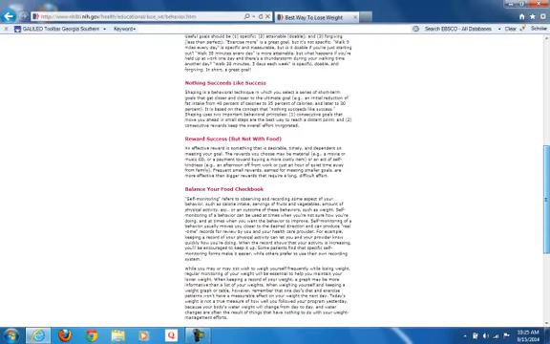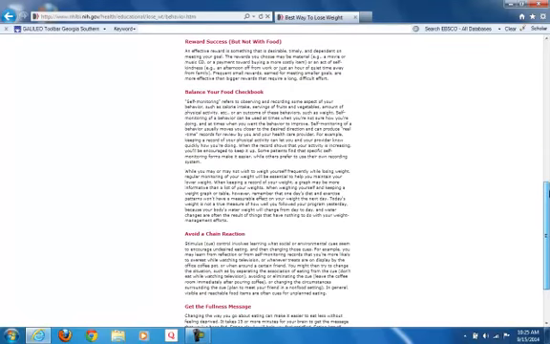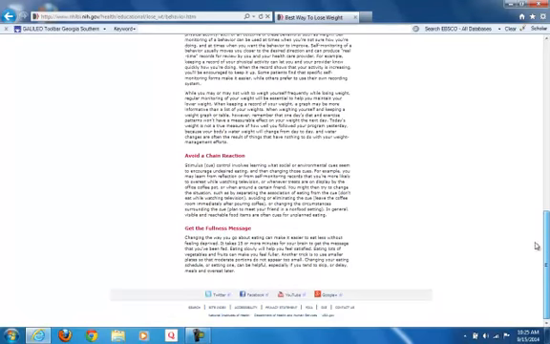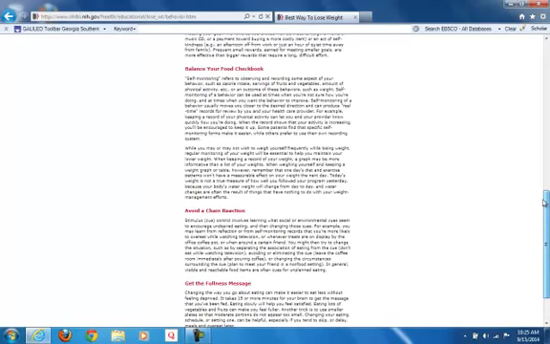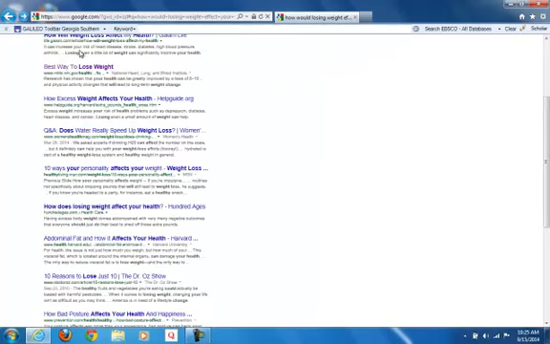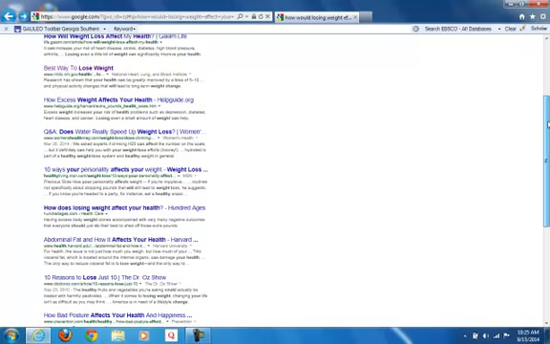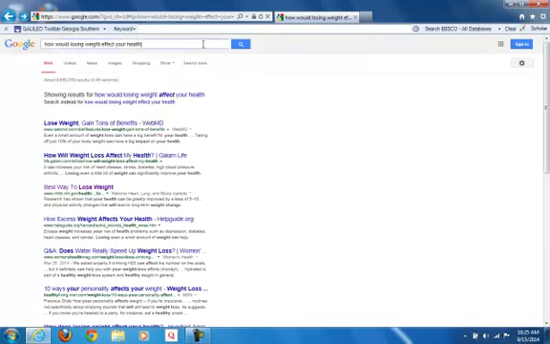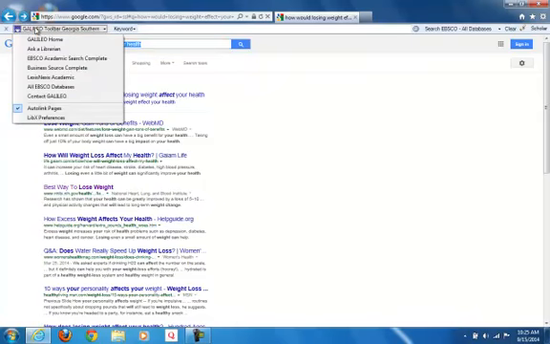And there's more stuff like nothing succeeds like success, reward success, and balancing your food checkbook. Pretty much it's giving you tips, and that's pretty good. I would definitely put that in my paper on losing weight healthy, how to lose weight a healthy way. If I need another scholarly source, I might look at Galileo.